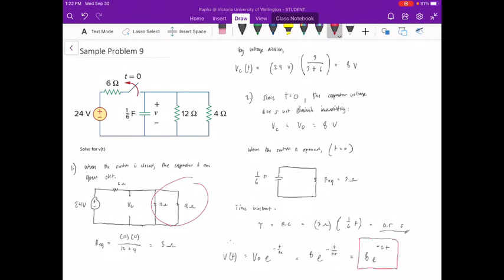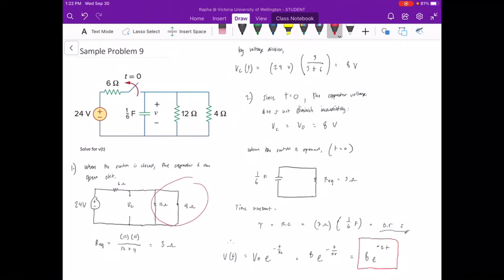Take note, class, that in the problem we did not specify at what time to calculate the voltage, but rather we just need to solve for Vt. So we obtained the formula for Vt in this form, in which the variable t is left in the formula.